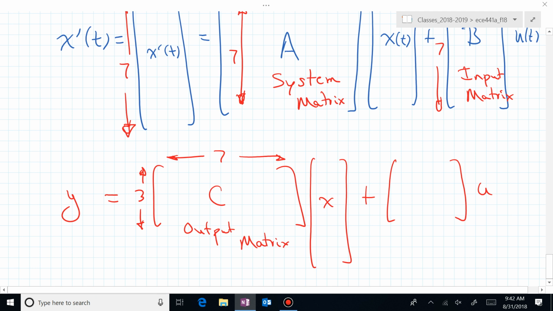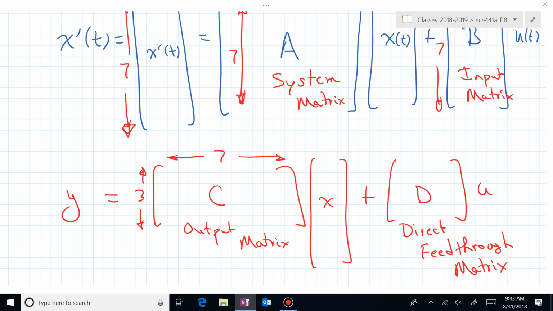How big is D dimensionally? This is our feed-forward matrix, or direct feed-through matrix, I should say. How many rows? If you've already figured out how many rows C has, C and D have to be the same in their number of rows.